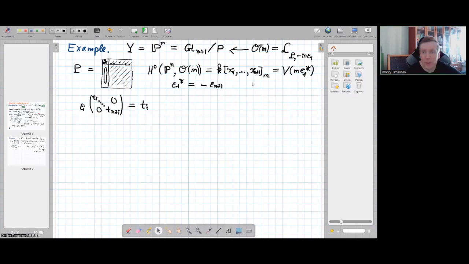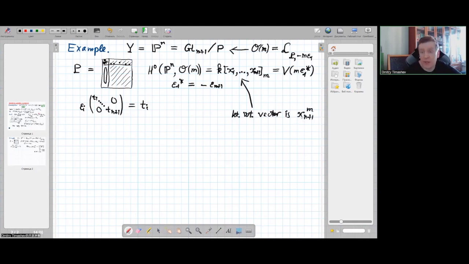So your question was why this irreducible representation has highest weight minus epsilon n plus 1. This is because here the highest weight vector is just x n plus 1 to the power m.